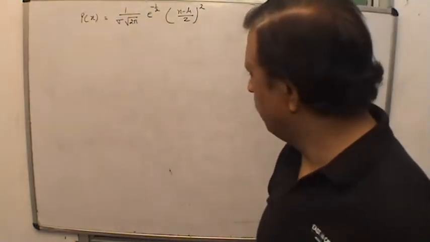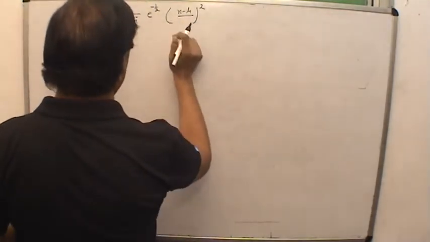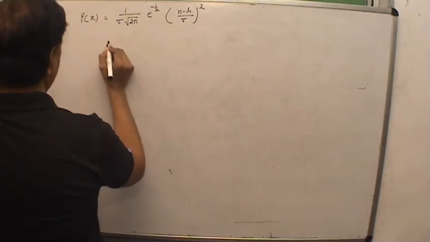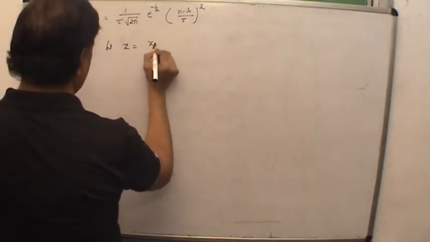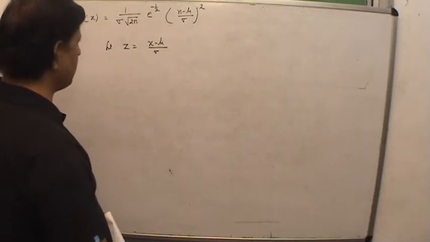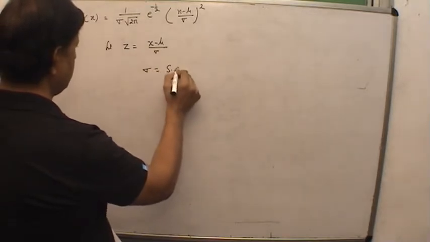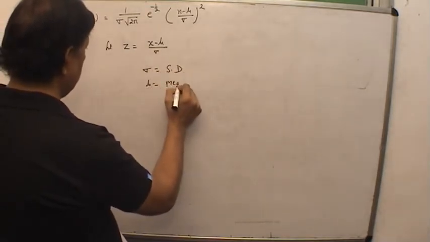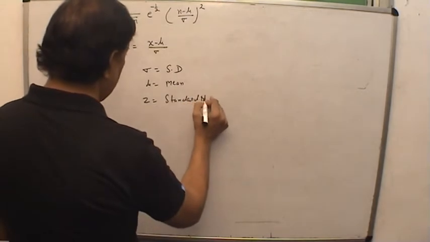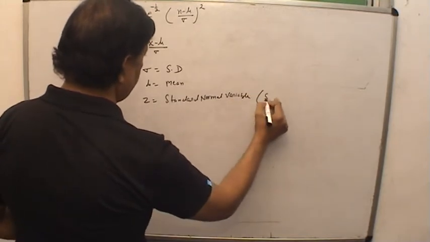So we say let z is equal to x minus mu upon sigma, where x is the value of the variable, mu is the average or mean, sigma is the standard deviation, and z is the standard normal variable, which is simply denoted by SNV.